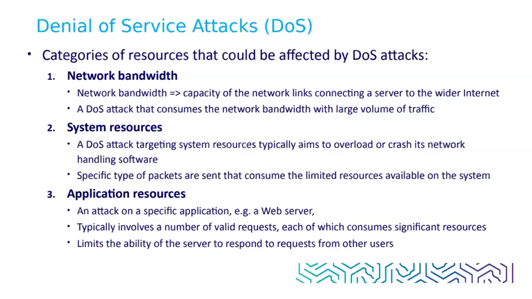And the application resource attack will exhaust application-specific resources by sending a large number of genuine-looking but computationally expensive requests. When we understand these categories, it helps any organization implement the appropriate defense mechanisms like traffic filtering, operating system security, and web application protection.